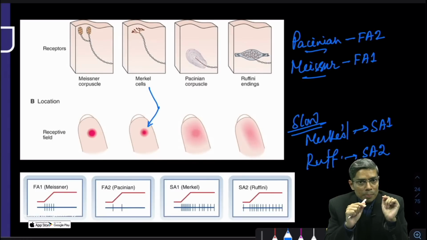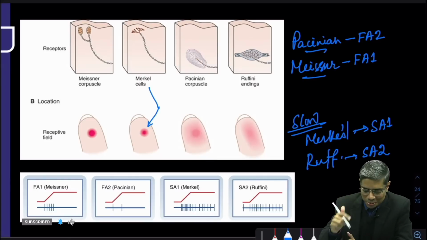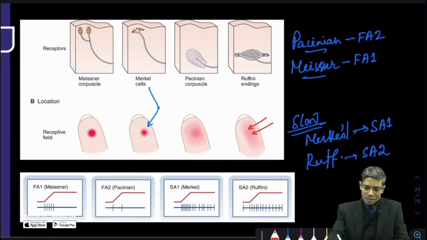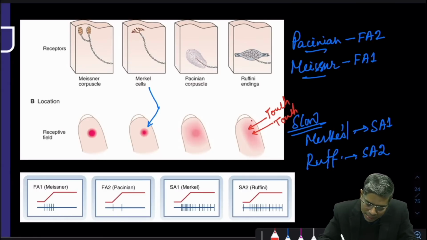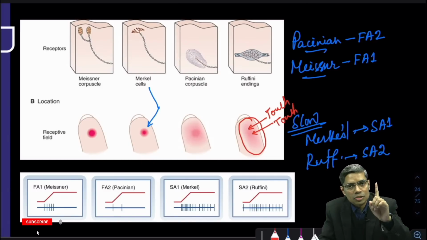Because of this property that Merkel's has the smallest receptor field, this is the best receptor for 2-point discrimination. Are you getting it? Right. So if I give 2 points on this receptor, suppose there is a gap of 2 millimeter between this touch, so this is one touch, this is another touch point, and it is falling on the same receptive field of a single receptor. The brain will perceive them as a single touch.